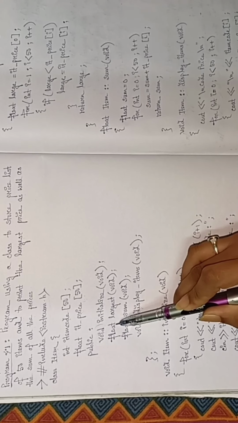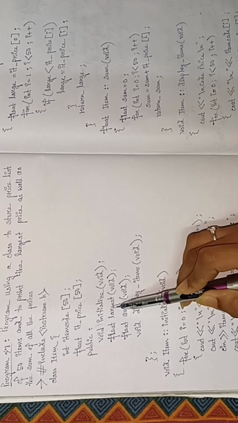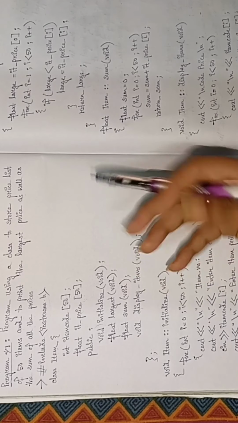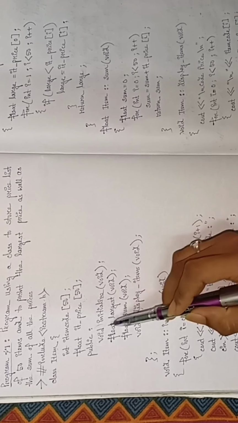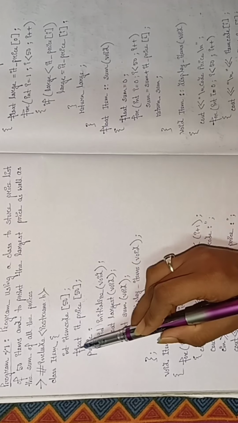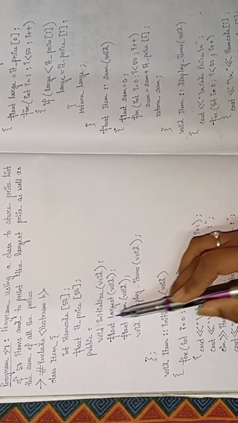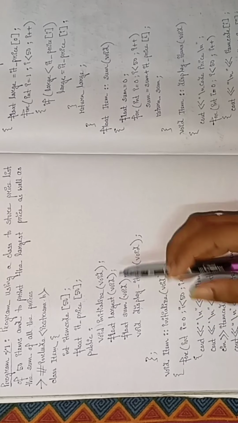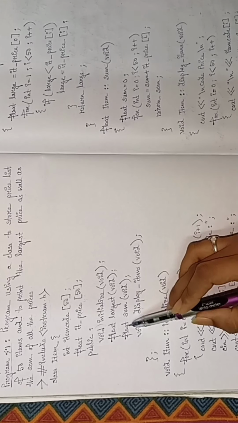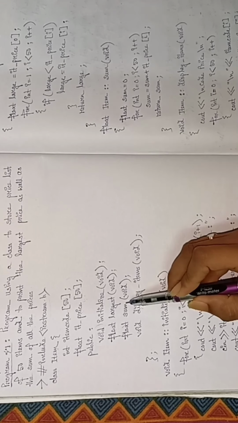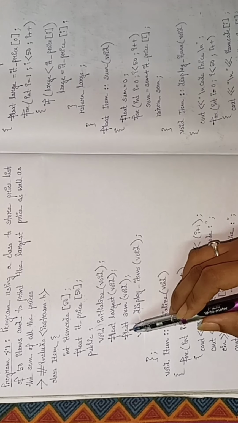The second function we have taken is float largest. Here the return type is float because we have to print the largest value, so it will return something. Why float? Because for price we have taken the data type as float. Now float sum: all the prices stored in the array we need to sum up, so we have again suggested one member function sum, and in this member function the return type is again float.